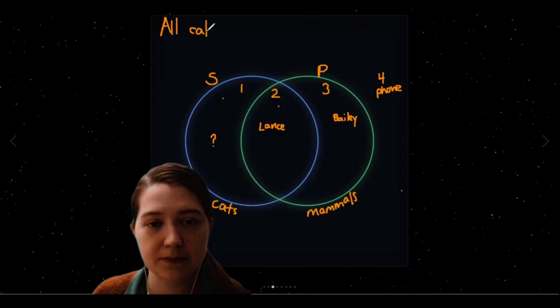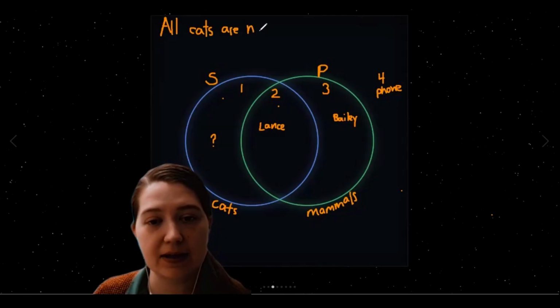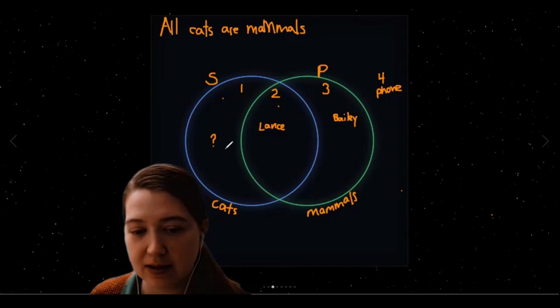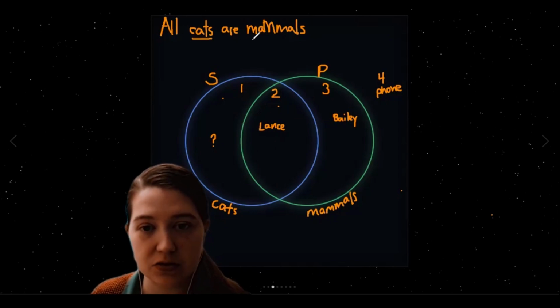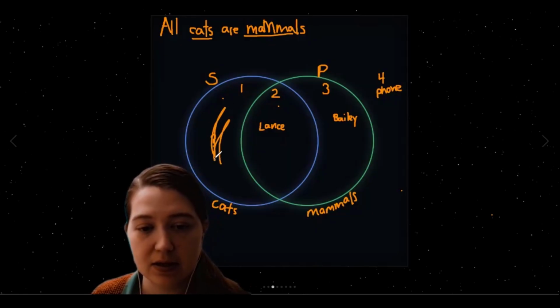all cats are mammals. So we have a special tool within categorical logic for representing a claim like this. It tells me that this region 1 of concept space on my diagram has got to be empty because all cats are mammals. This is true. What does it mean to say that's true? It means there's nothing in this region of space here.